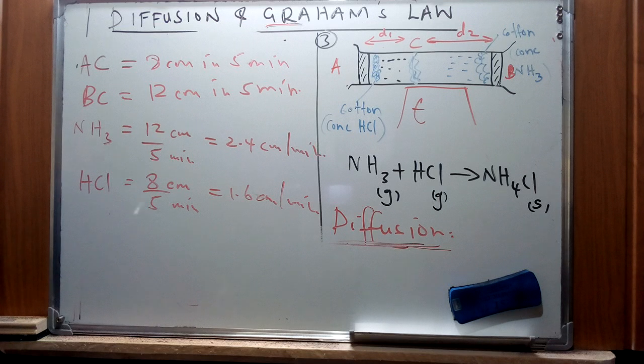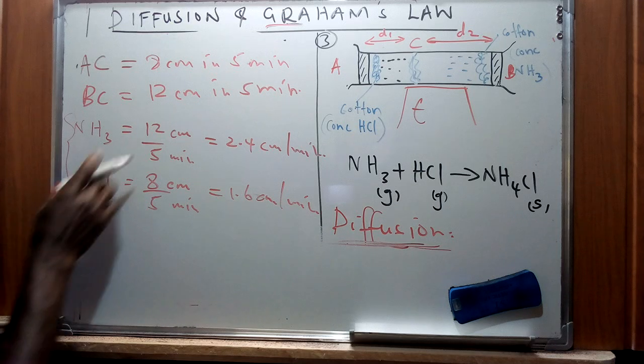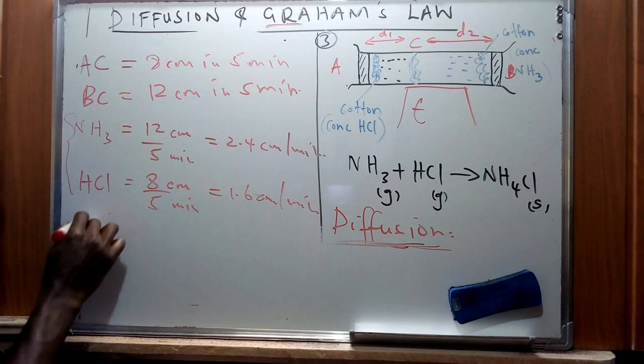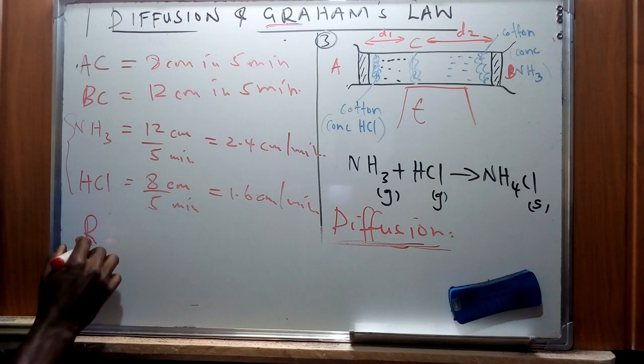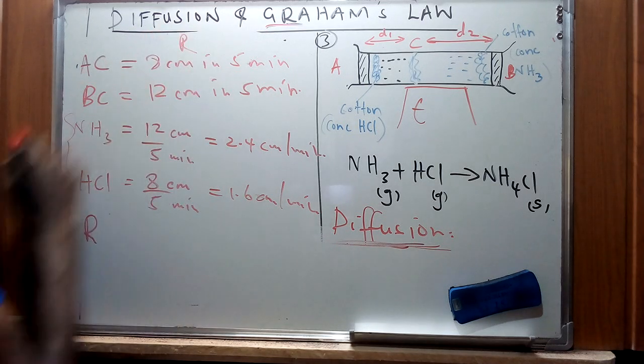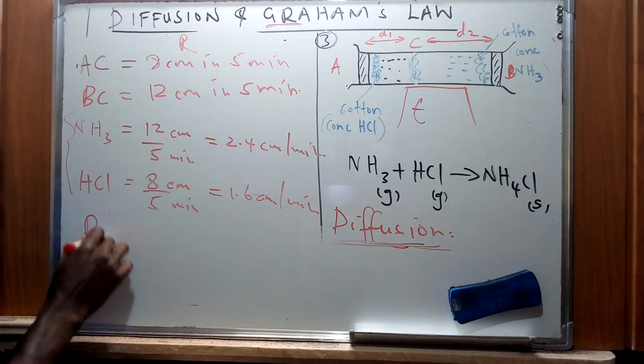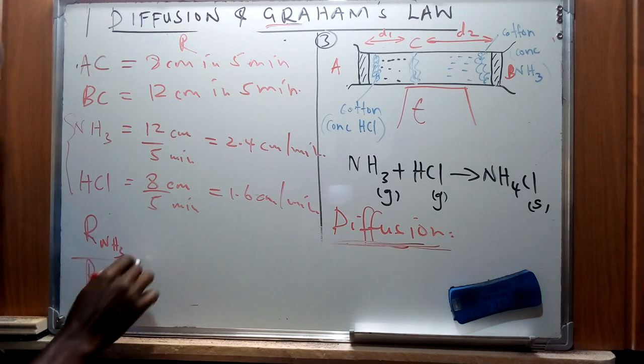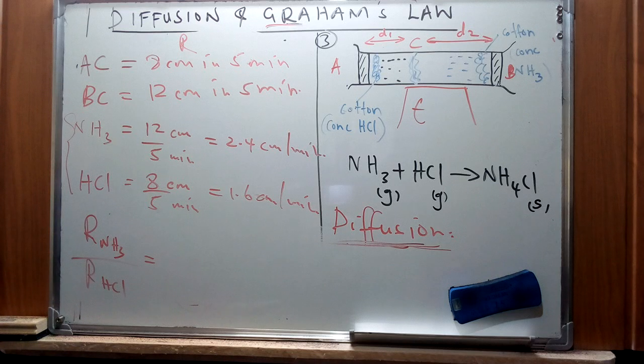Now we can have a relative rate of diffusion, which is a comparison between the rate of diffusion of these two gases, whereby we have the rate of diffusion of ammonia. I'm going to use the capital R for rate. So the rate for ammonia over the rate for HCl can give us the relative rate of diffusion for the two gases.